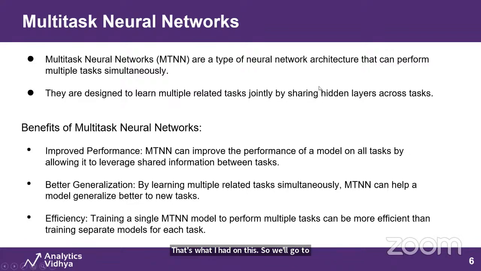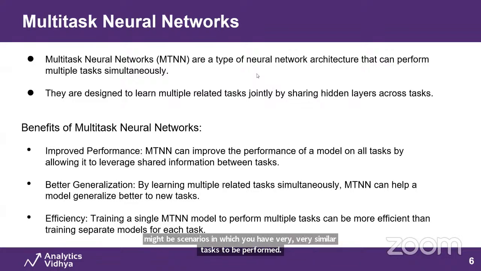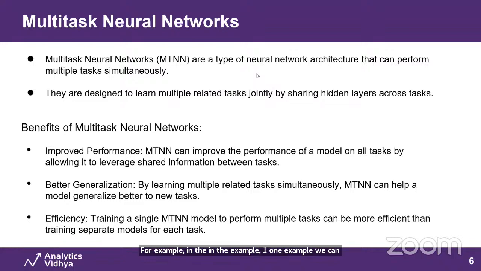So multitask neural network, first of all, what is multitask learning? There might be scenarios in which you have two very similar tasks to be performed. One example we can think of is BERT, a language model, right? The way BERT is trained is it's trained on two tasks, which are next sentence prediction and masked language modeling. You predict the missing word between a couple of words as masked language modeling, which is a multi-class classification problem, and you also predict whether two sentences come one after the other.